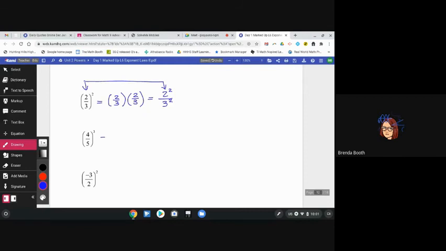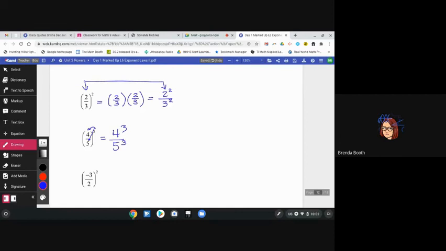This one I'm going to take just a little further for you. So let's take that 3 and we're going to apply it to both parts of the quotient. So this would be 4 cubed over 5 cubed. The one thing that this does is it does maybe make it easier to evaluate.